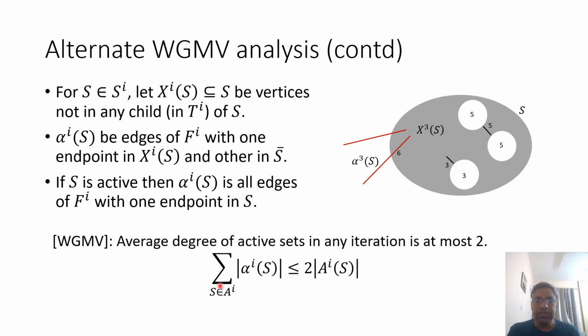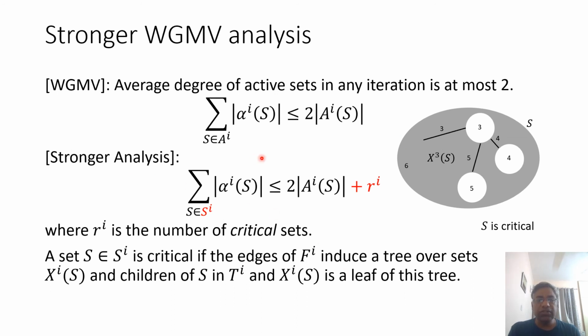In our words, we could say it as: if I look at the active sets, which is A sub I, and I look at the degree of those active sets, which we just argued is alpha I, then the total degree of the active sets is at most 2 times the number of the active sets in iteration I. Why am I saying it in this manner? Because now in my next slide I'm going to show how we are going to strengthen it. This is the WGMV statement, and we are making a stronger analysis.